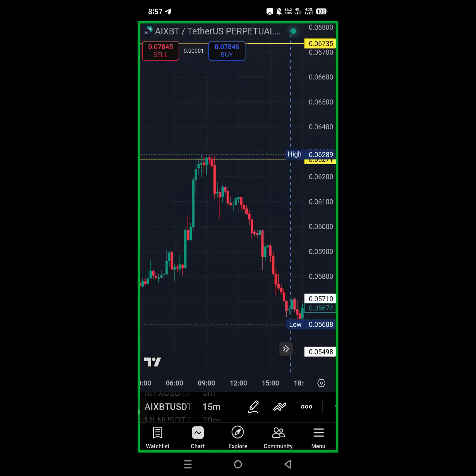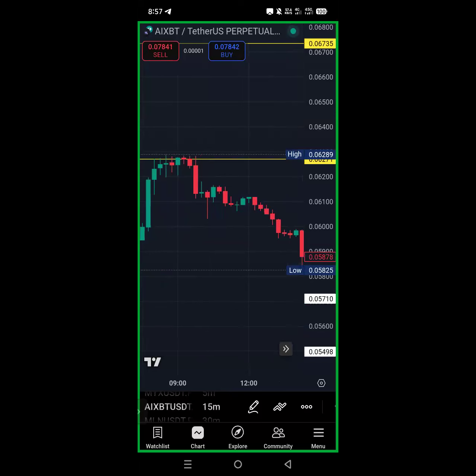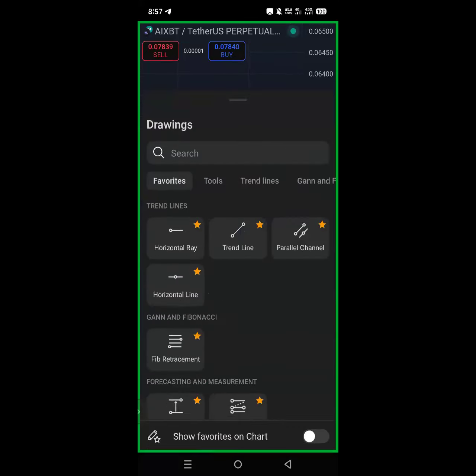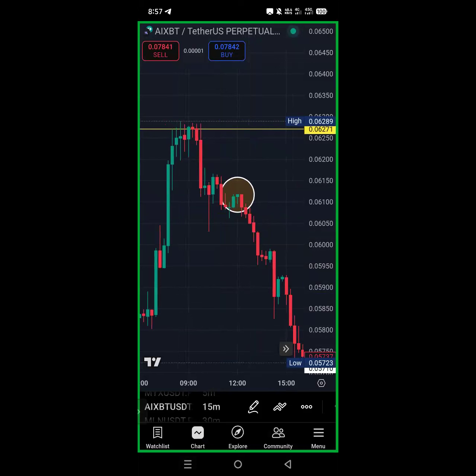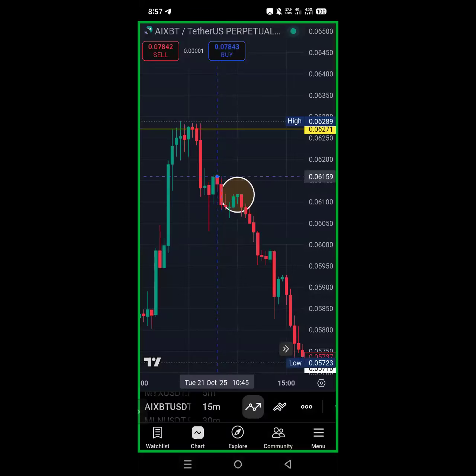Tweezer top? Can you see something here? There was that movement, and then that, and then that massive downward movement.